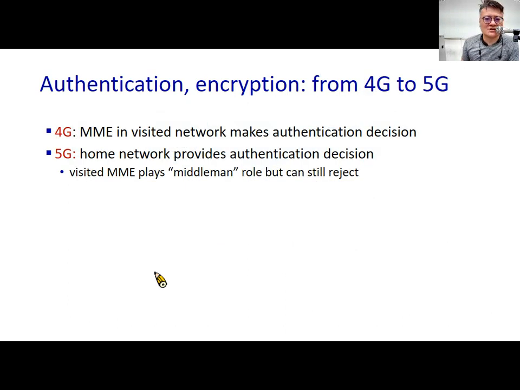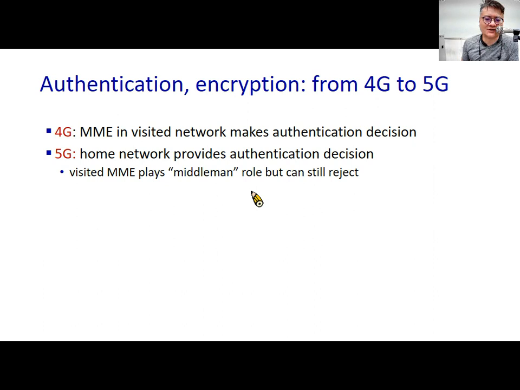So, authentication and encryption from 4G to 5G. In 4G, the MME in the visited network makes the authentication decision. In 5G, the home network actually provides the authentication and makes the decision, and the visited MME plays the middleman.